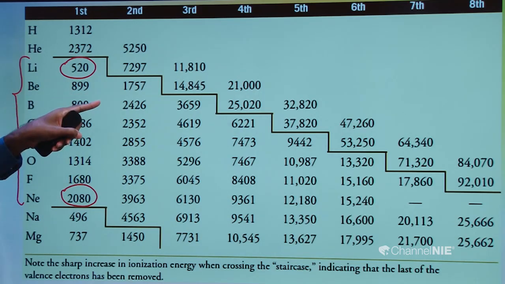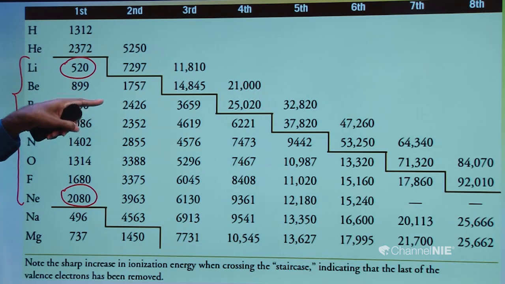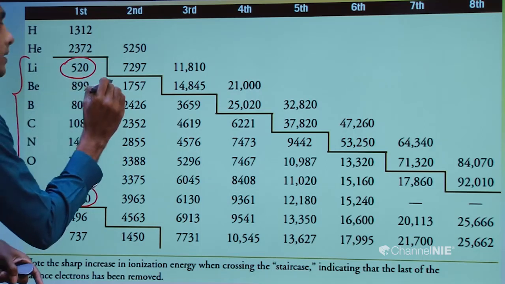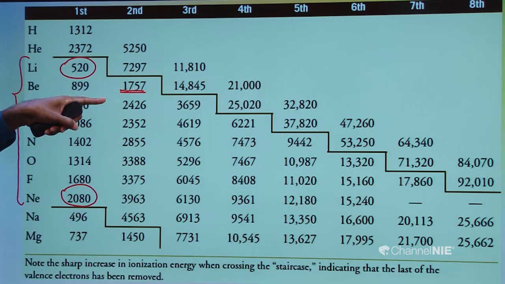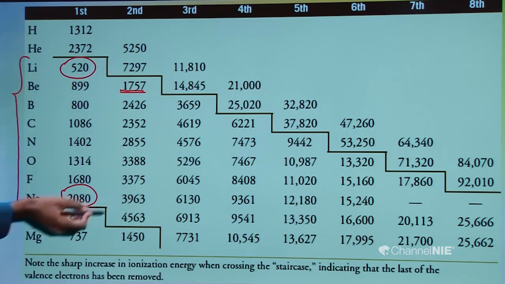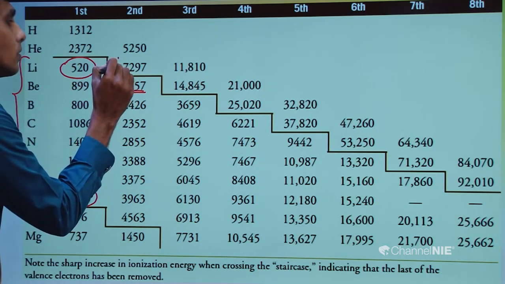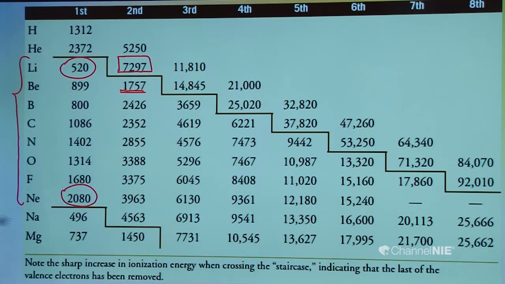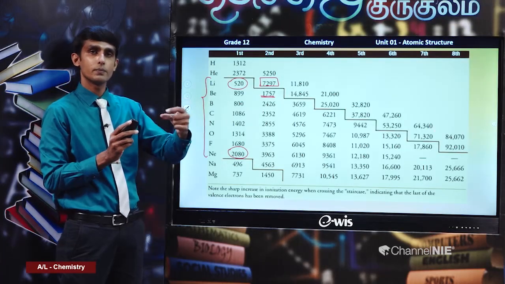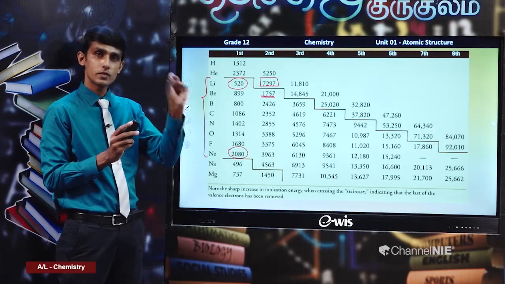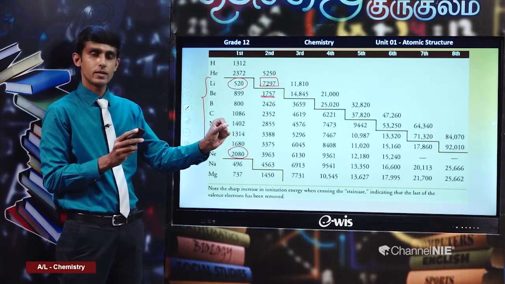Second ionization energy, least value you can see in the second group element. Highest second ionization energy you can see in the first group element. So, if you know the particular ionization energy, say first ionization energy, the least value in a period goes to the first group element of the period.